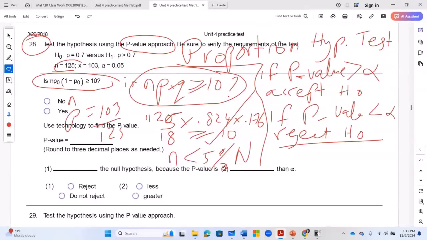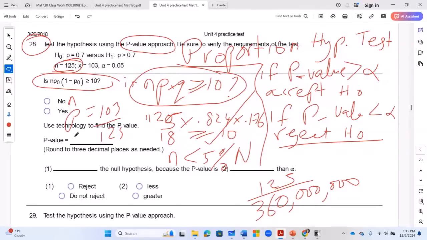I can just say that without actually calculating: a sample size of 125 over 360 million is less than 5% of the whole America. So the sample is insignificant. It satisfies condition number 2, so I can do the test.